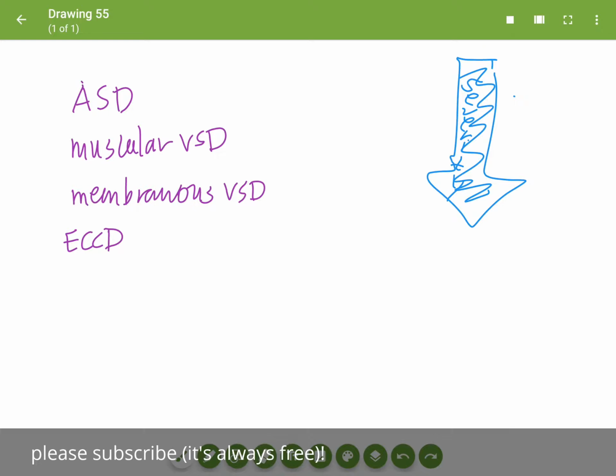So ASD oftentimes closes spontaneously. And oftentimes, even if it doesn't close spontaneously, you don't see any symptom till the patient is in their 20s or 30s. So you would do some kind of surgery or transcatheter device for symptomatic people with ASD.